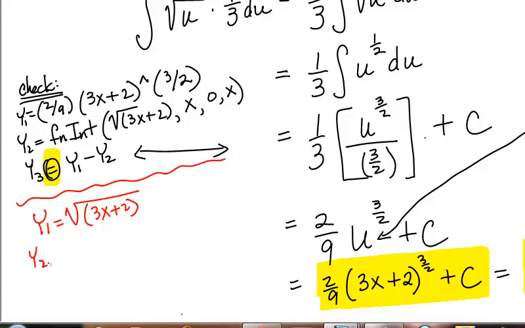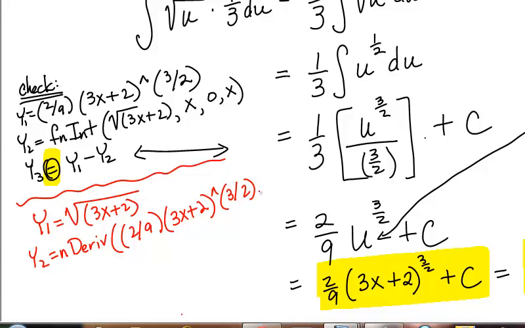In y sub 2, I would do the numerical derivative of 2/9 times the quantity 3x plus 2, to the 3/2 power, comma x, comma x.